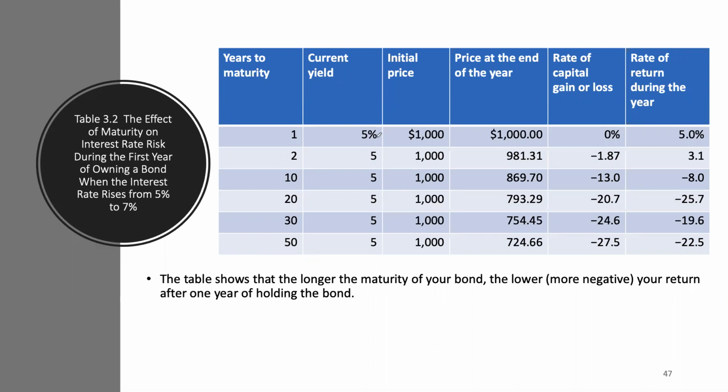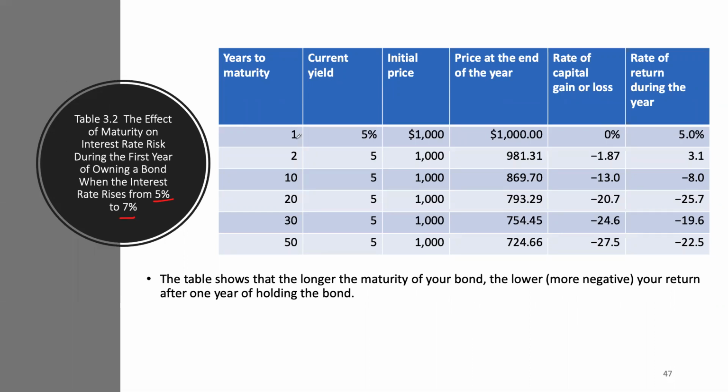So they are all returning 5%. The face values are all the same, $1,000, and here we have the price at the end of the year. So suppose the interest rate rises from 5% to 7%. The market interest rate is just going up from 5% to 7% during the first year of owning the bond.